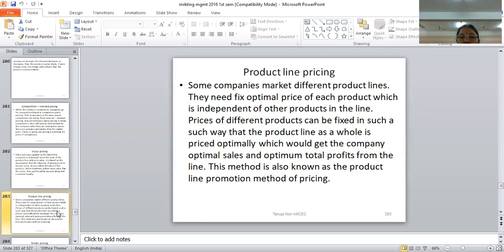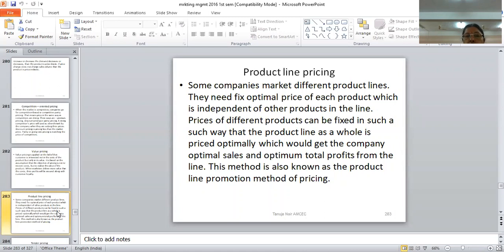The products which are priced less will get more sales, and the product which is priced more will get very few sales. So they will not be able to recover optimum profit and optimum sales. So they have to be very careful when they are pricing all their products in their product line. For each different product line, they have to follow a different pricing strategy so that they can get the sales and profit from each product line.